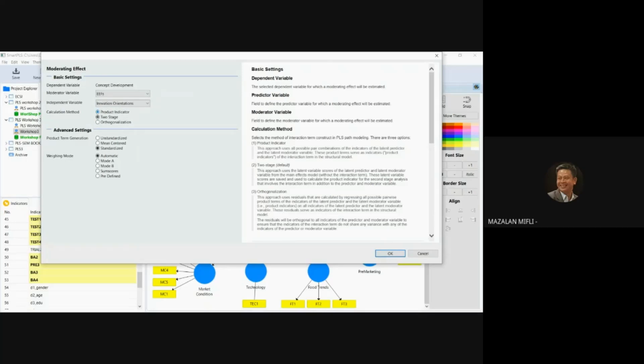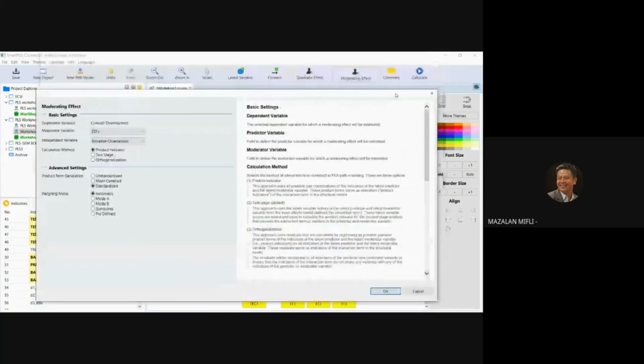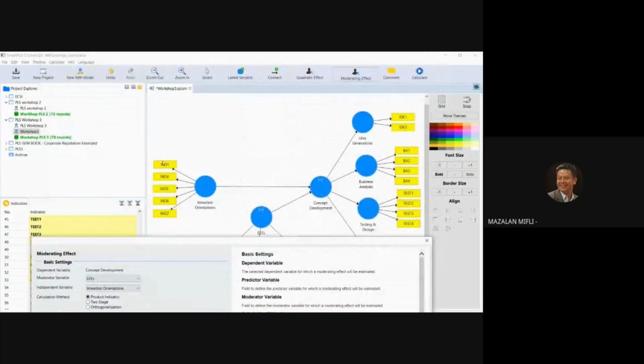I recommend that you use the product indicators. Product indicators are this one, there you go. These are the indicators. They are going to run all of them one by one and see what the interactive effects are.